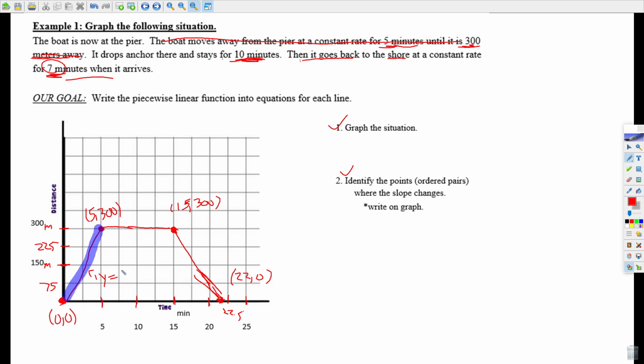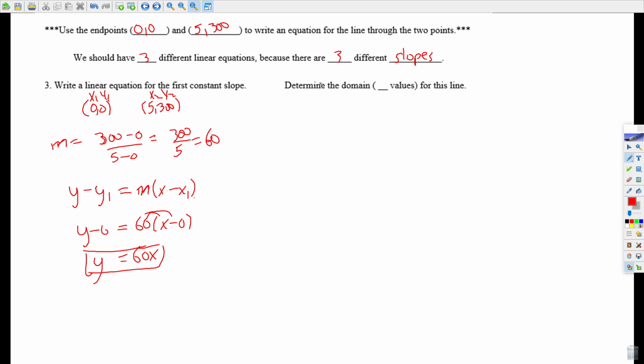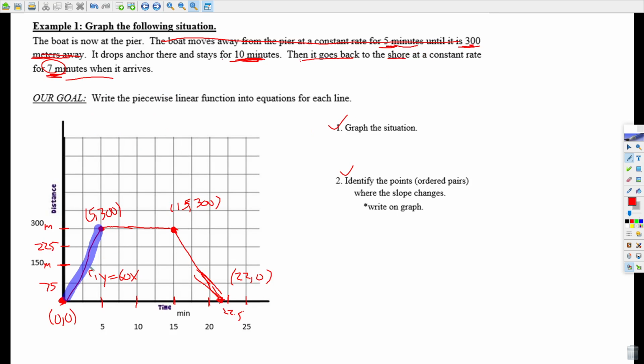All right, so this one here is y equals 60x. The last thing we have to determine is the domain. So the thing is, it only is that line for a certain amount of time. So we're going to look at the x values for this line, and we're going to say that it is y equals 60x. That's the equation. But it's only that line from one point to another.